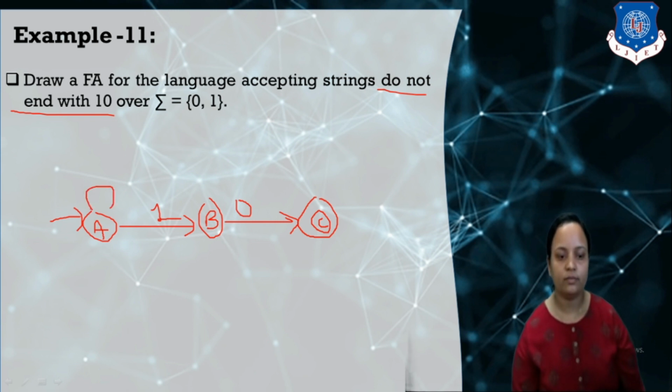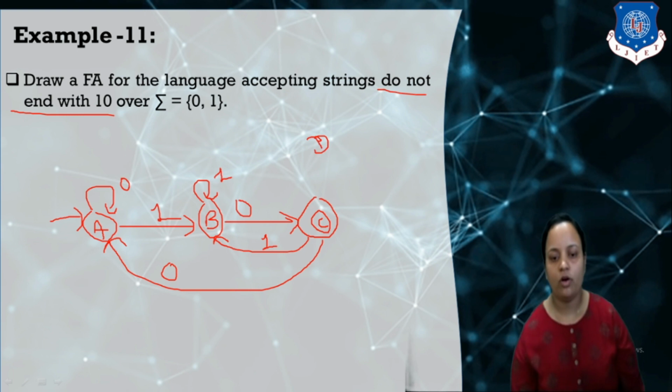Complete this DFA, 0 1 0, and if 1 0. So this is the DFA for ending with 1 0.